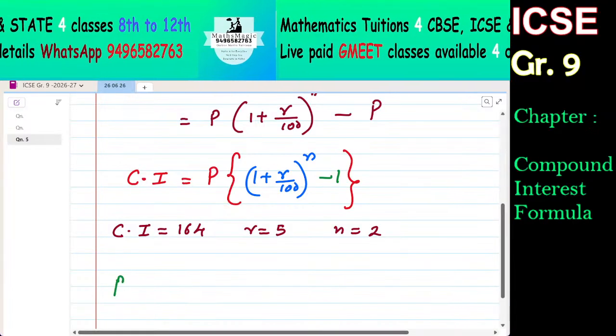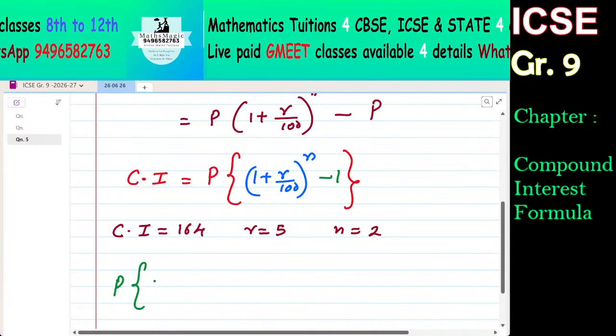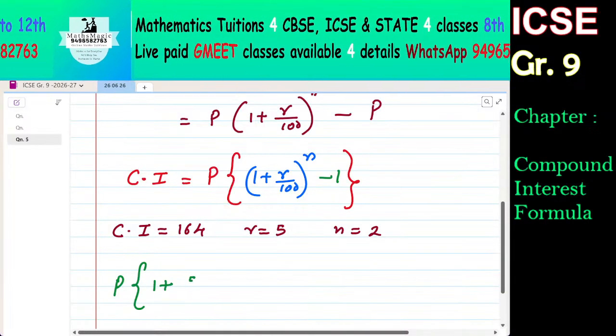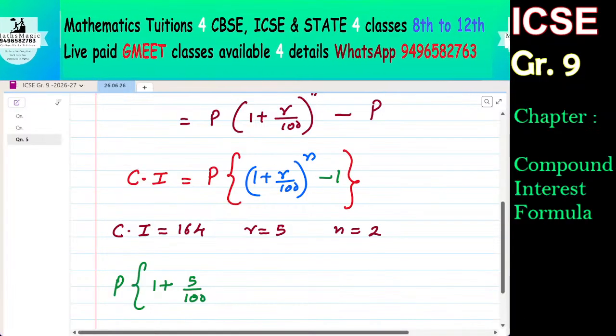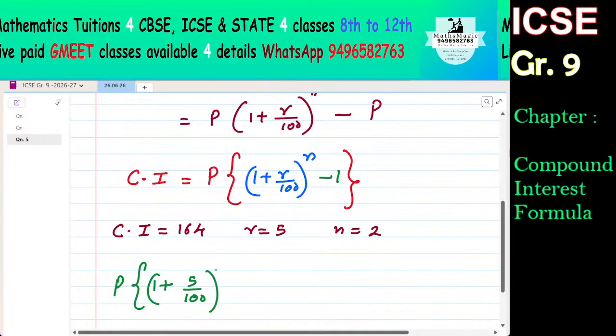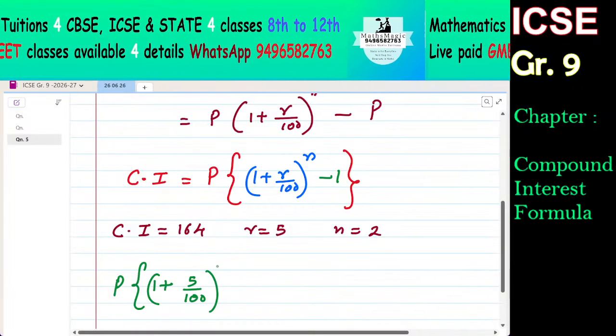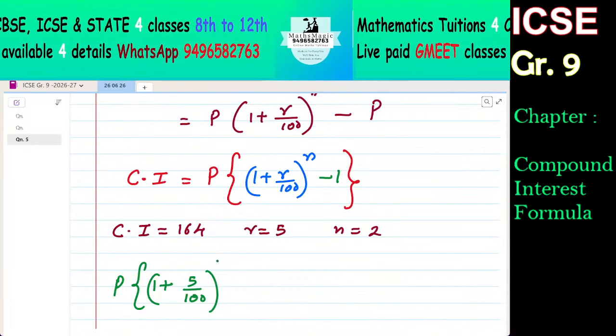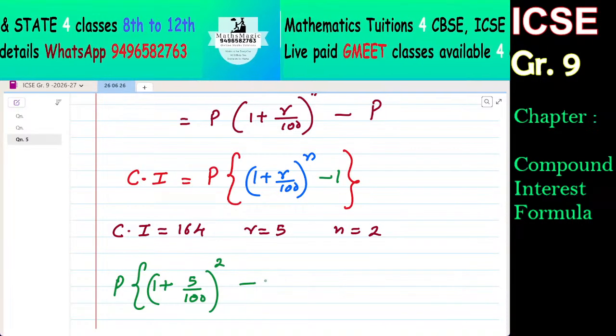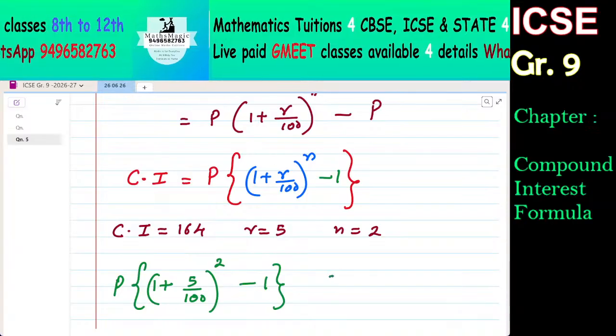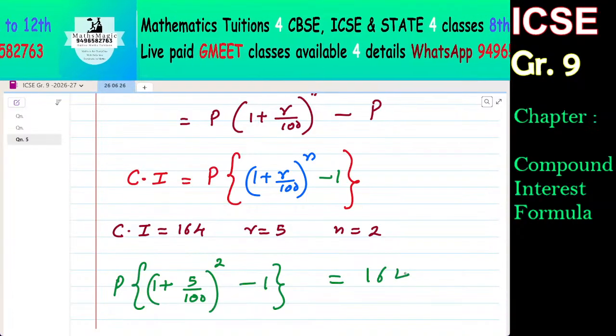So that is P times (1 plus 5 by 100) the whole to the power 2 minus 1 should give you 164.